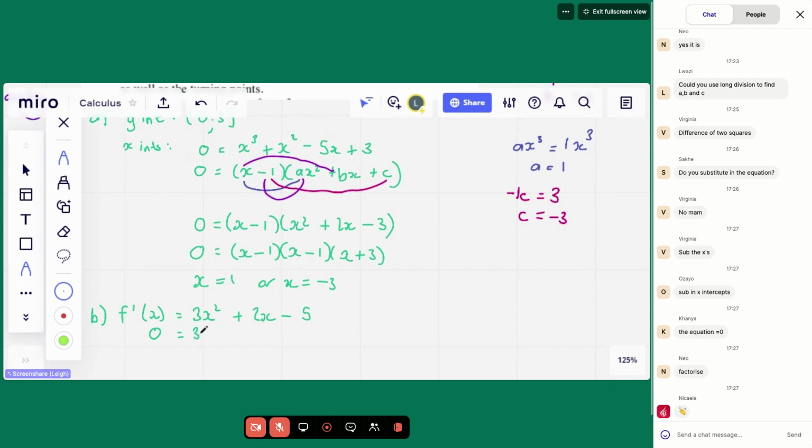All right, so 0 equals 3x squared plus 2x minus 5. And then just as you had said, Neo, here we are going to factorize. Neo, do you know what our factors are going to be in this case? Can you tell me what to write inside brackets?